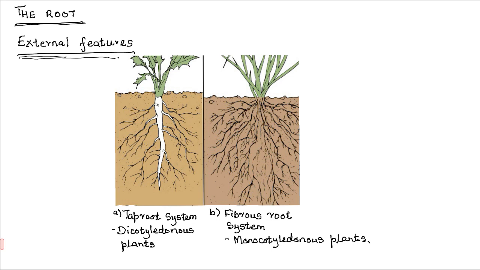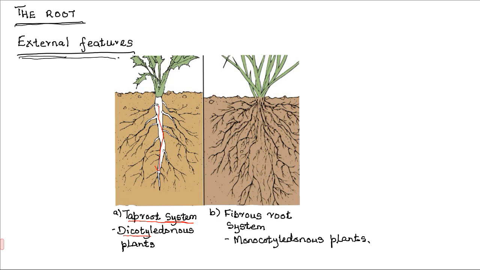In these diagrams here, you have the taproot system, mainly found among the dicotyledonous plants. In this type of root system, the primary root or the radicle remains dominant. This is the primary root and grows straight downward.